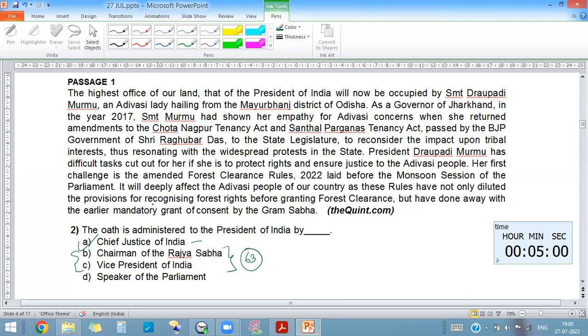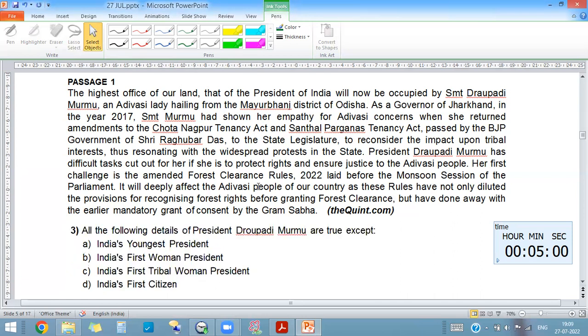Again, we have an article, Article 60, that talks about the oath administered to the president. Speaker of the Parliament has no role here. The only person administering the oath is the Chief Justice or the CJI. Just remember this. Next.